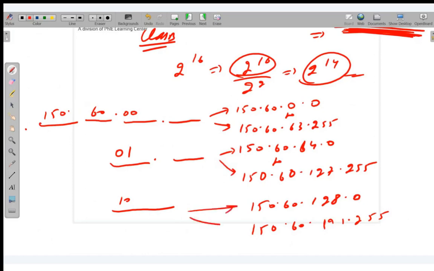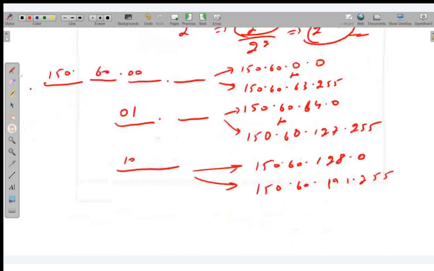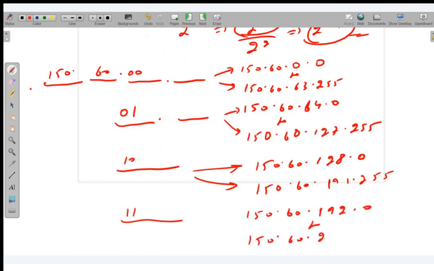And the last will be what? 150.60.192.0 to 150.60.255.255. Is it okay? So 192, and then followed by all zeros.